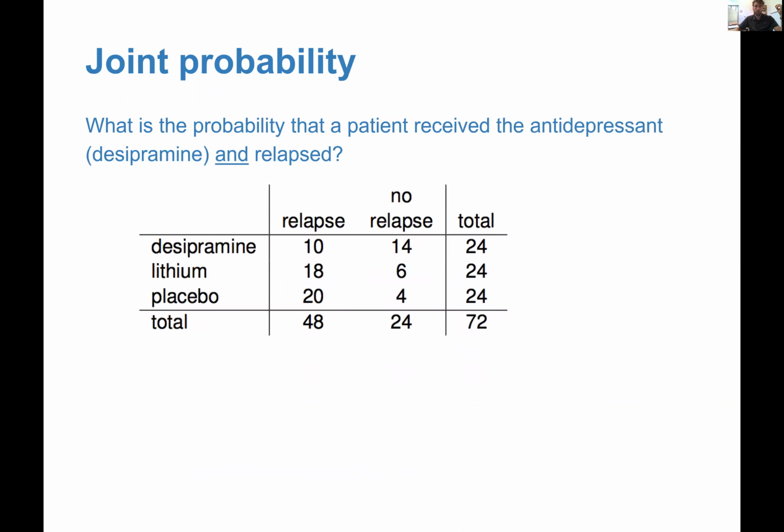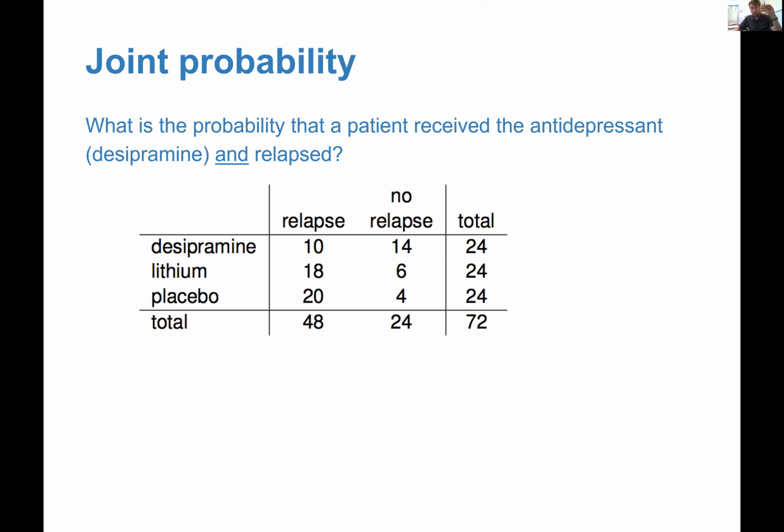Okay. So what is the probability that a patient received the antidepressant and relapsed? Now, as you'll see in this section, the words "and" or "given" are really important, and you want to look for those words. So in this case, "and".